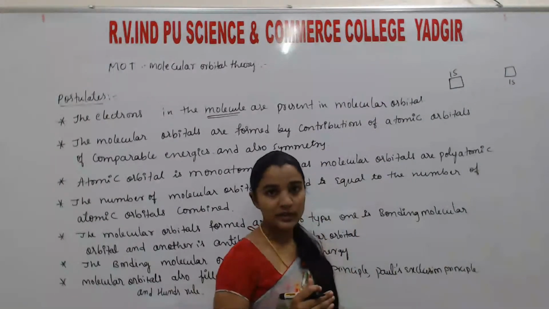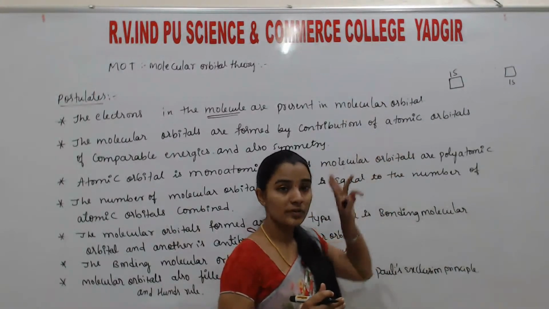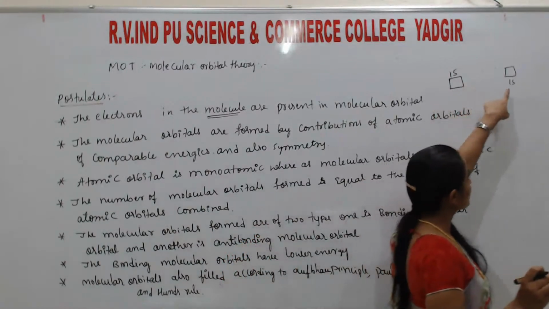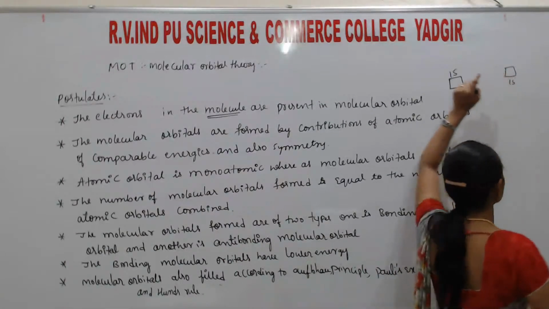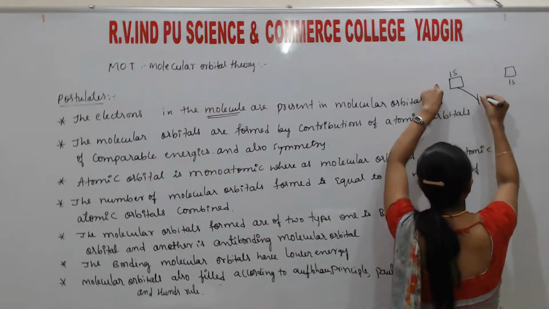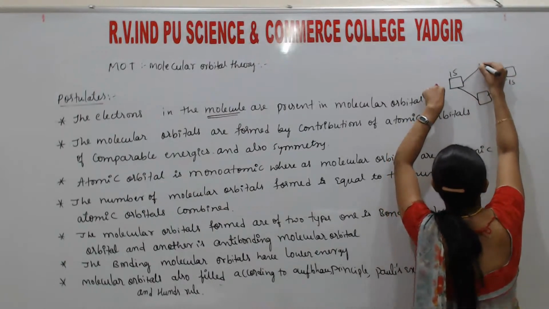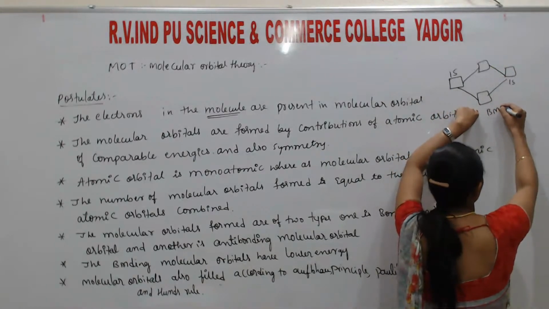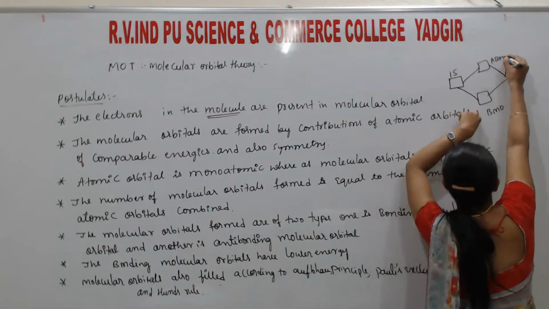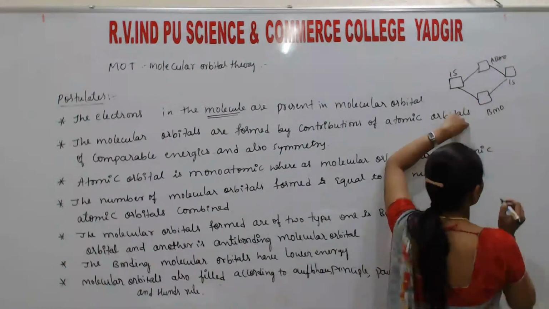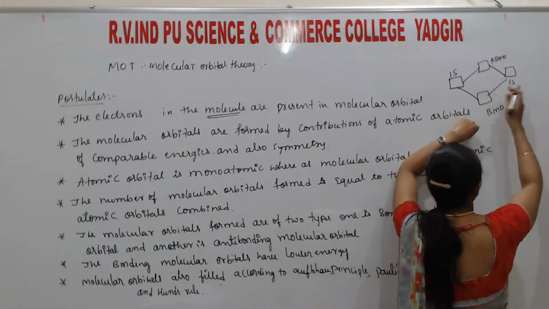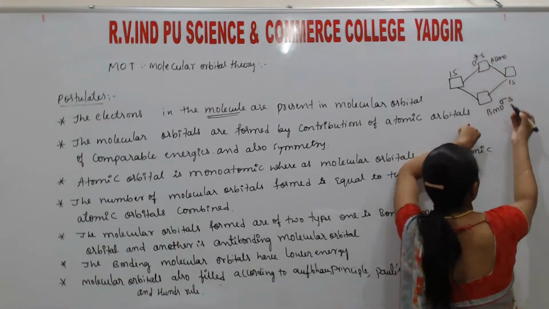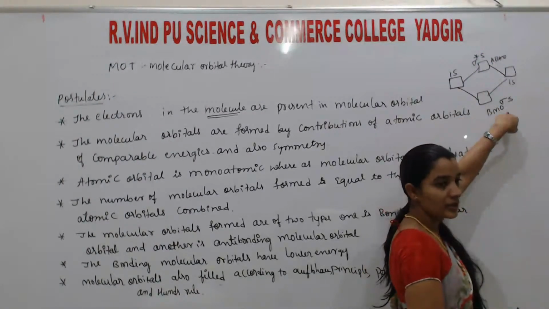As many atomic orbitals combine, that many molecular orbitals will form. So one is the bonding molecular orbital and another is the anti-bonding molecular orbital. The bonding molecular orbital is represented as sigma s, and this one is sigma star s. The bonding one is represented without a star.